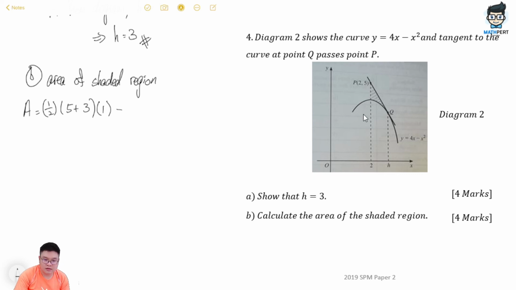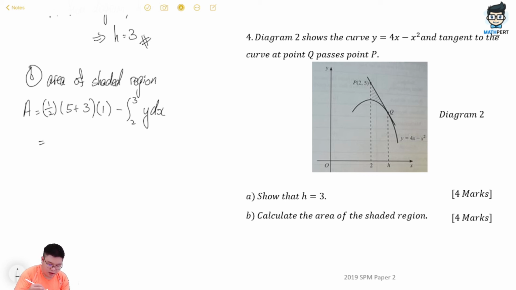Minus the area between the curve and the x-axis. So we need to integrate from where to where? From 2 to h, and h is 3, so from 2 to 3, y dx.